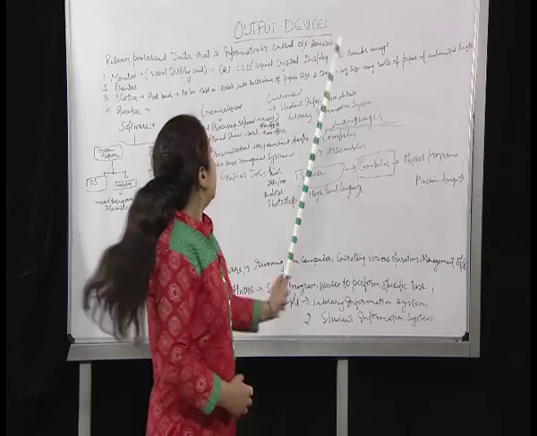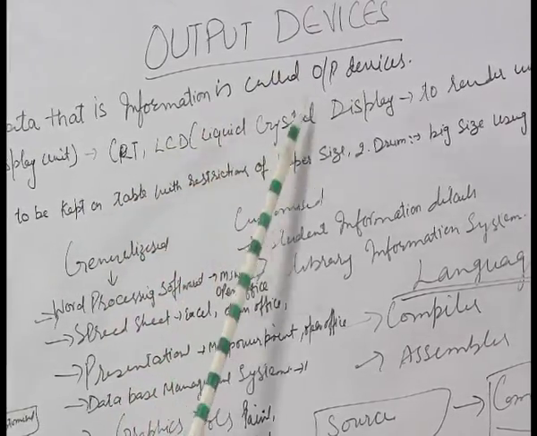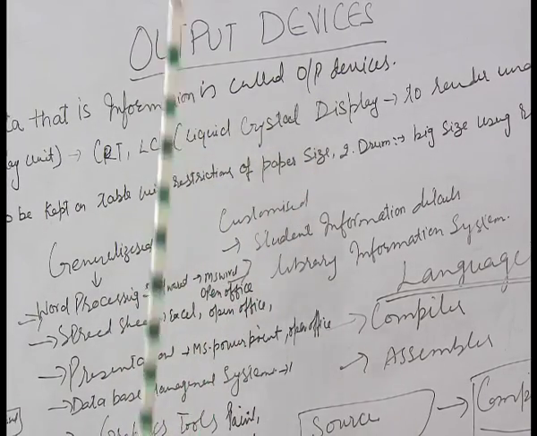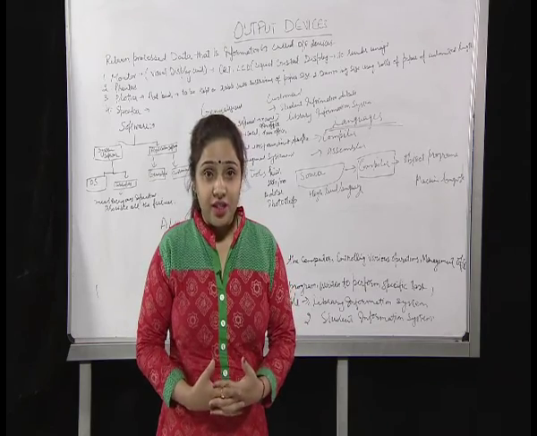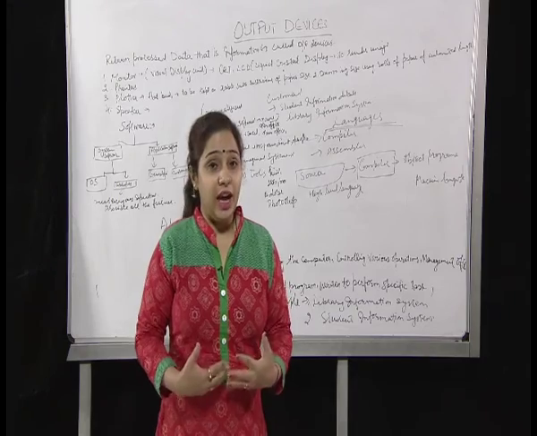The second one is the LCD, known as the liquid crystal display. What are the functions of a liquid crystal display? LCDs are mostly flat panel monitors, very popular nowadays and used everywhere.